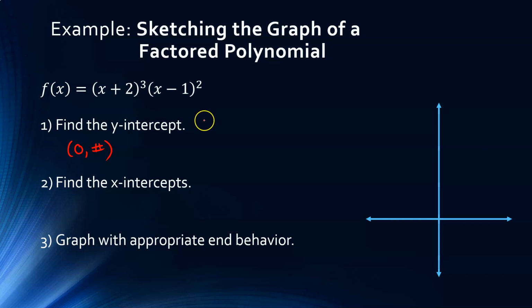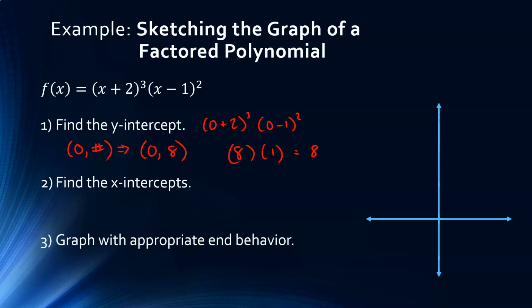So we would have 0 plus 2 cubed times 0 minus 1 squared. Obviously 0 plus 2 is 2, so we'd have 2 cubed, which is 8. And 0 minus 1 is negative 1, and negative 1 squared would be 1. So 8 times 1 is 8. So for this one, the y-intercept is when x is 0, y is 8.